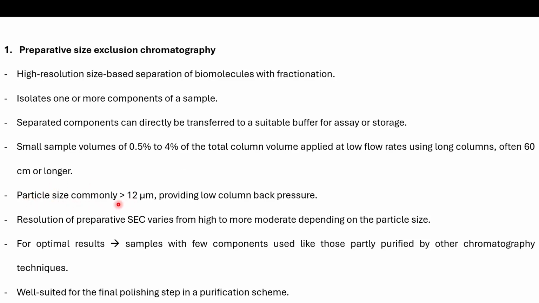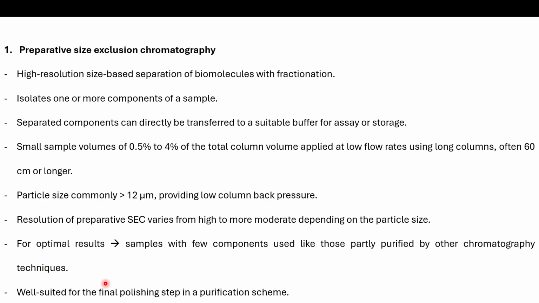And particle size commonly is larger than 12 micrometers, providing low column back pressure. The resolution of preparative SEC varies from high to more moderate depending on the particle size. And for optimum results, samples with few components should be used, like those partly purified by other chromatographic techniques.